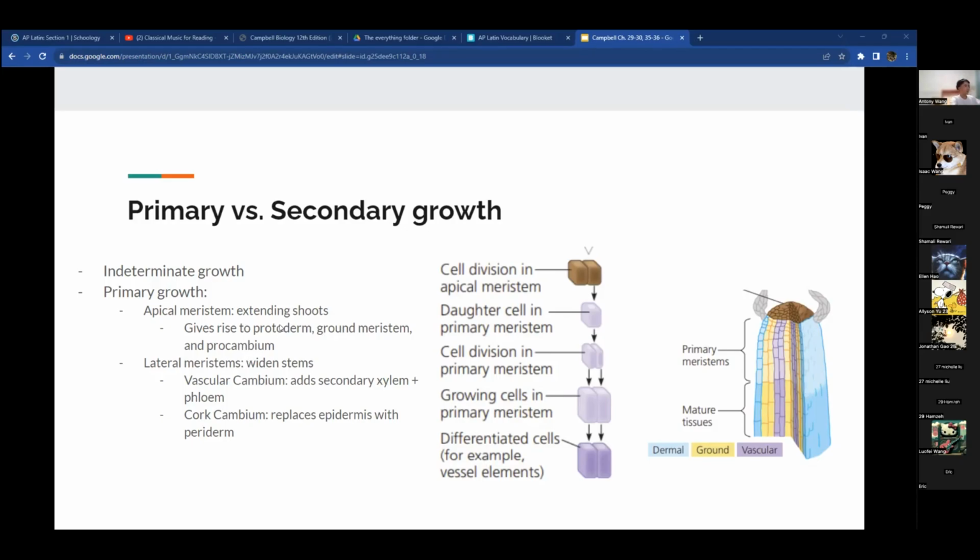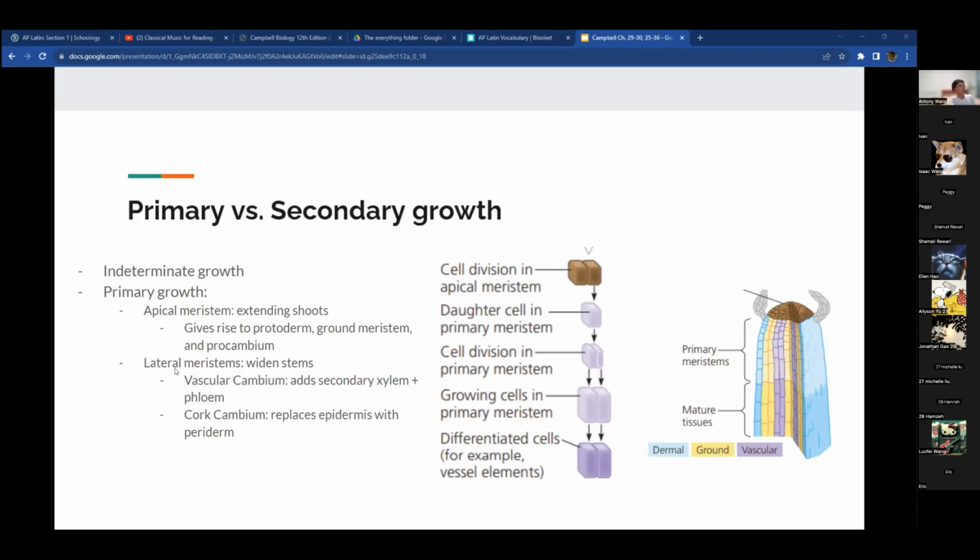The protoderm cells are hemi-differentiated. Protoderm becomes dermal cells. Ground meristem becomes ground tissue, and procambium becomes vascular tissue, right?